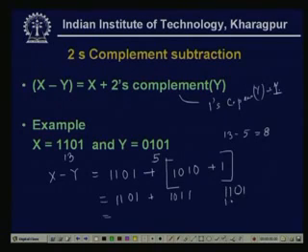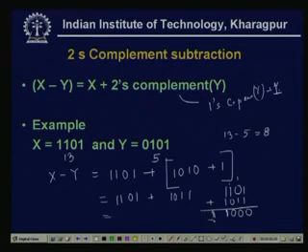If we add 1101 and 1011, we get 0 carry 1, then again 0 carry 1, again 0 carry 1. Now, 1 plus 1 plus carry 1, so the sum is 1 and the carry is 1.